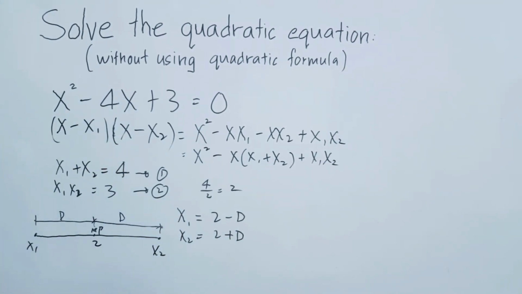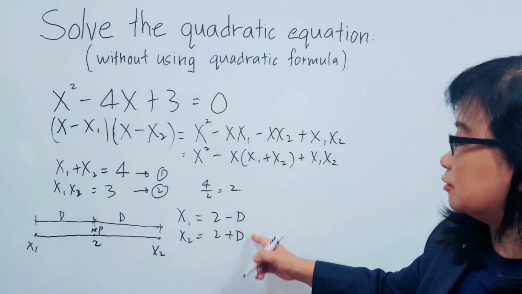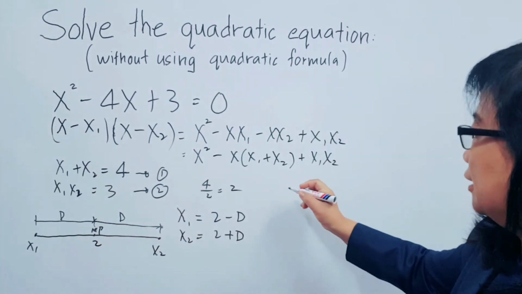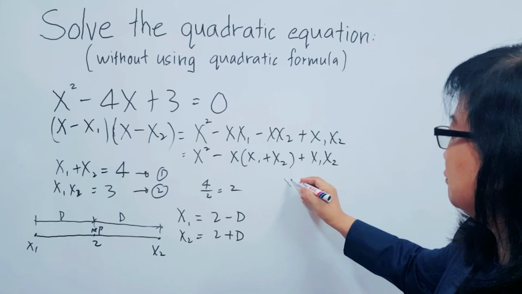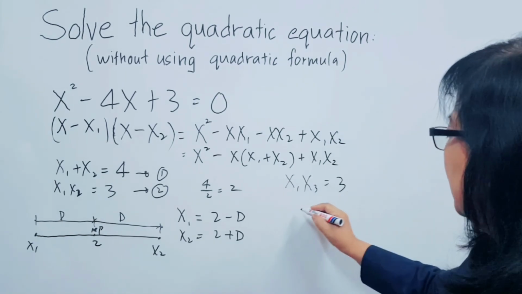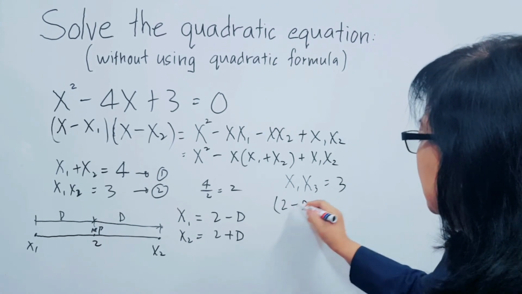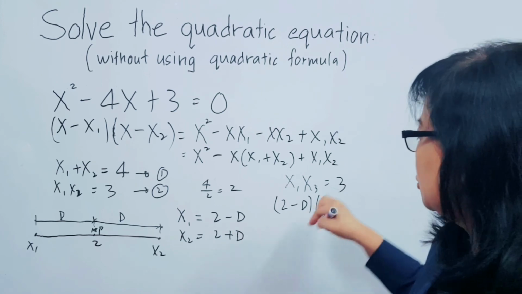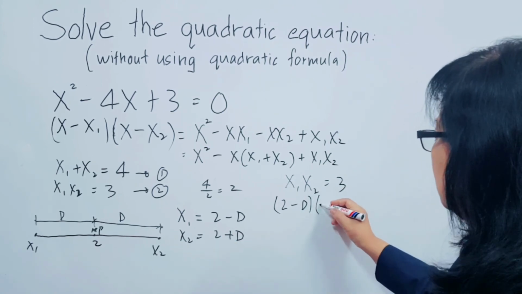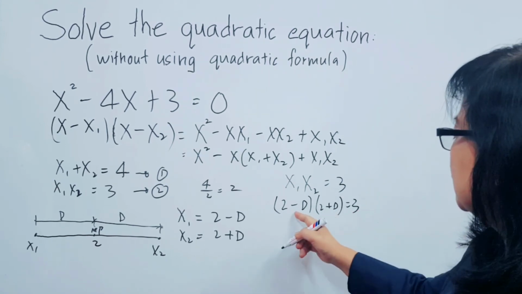So, from here, we can substitute these values in equation 2. Therefore, x1 times x2 is equal to 3. x1, which is equal to 2 minus D, times x2, which is 2 plus D. We can multiply this one.